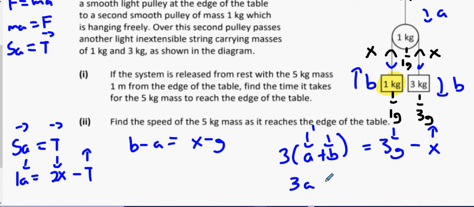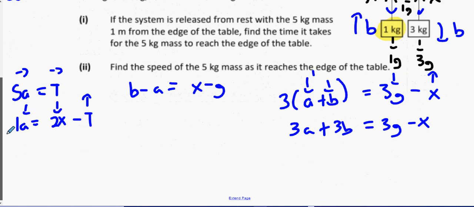Is that right? 3a plus 3b equals 3g minus x. Now these things can always be a bit on the tricky side. I wouldn't mind getting rid of x, to be honest. X would be a nice one to get rid of. So I'm going to say that 2x equals a plus t.